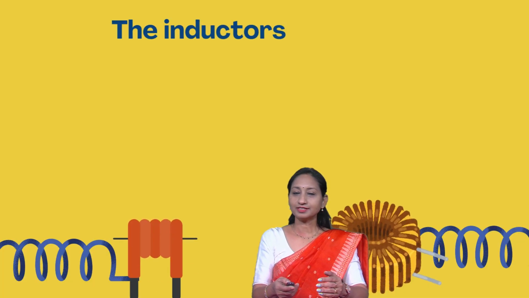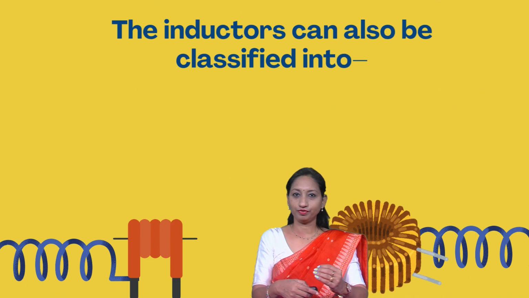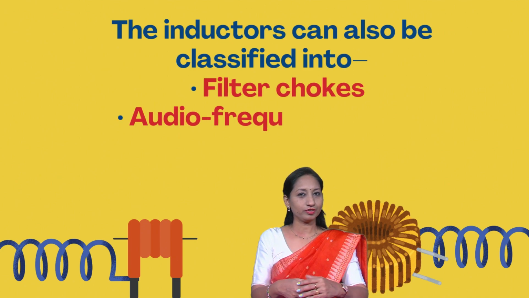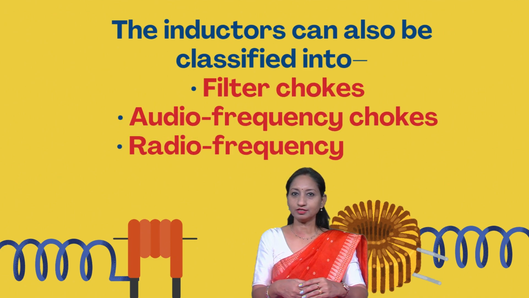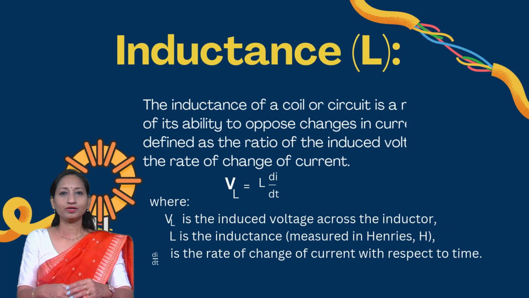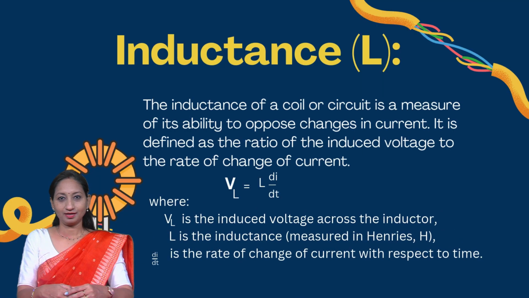Inductors can also be classified into filter chokes, audio frequency chokes, and radio frequency chokes. Now, what is inductance? The inductance of a coil or circuit is a measure of its ability to oppose changes in current. It is defined as the ratio of the induced voltage to the rate of change of current.